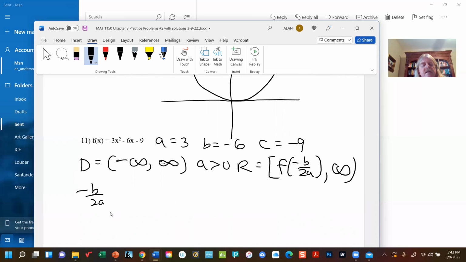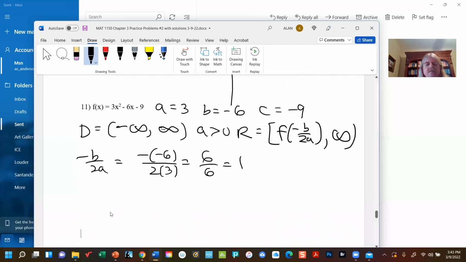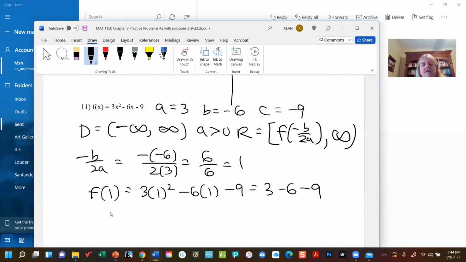Minus b over 2a is minus -6 all over 2 times 3. Oh yeah, here we go, 1. F of 1 is 3 times 1 squared minus 6 times 1 minus 9, is 3 minus 6 minus 9, or minus 12.